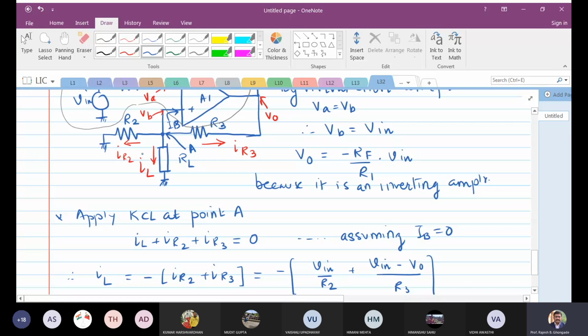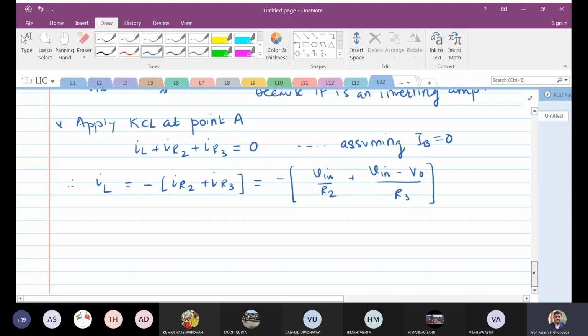So here again I am seeing a V in. So IR2 is nothing but V in by R2. Similarly, what about this IR3? Voltage here is V in. Voltage at the other side of R3 is VO. So V in minus VO by R3. Look at the current flow direction.